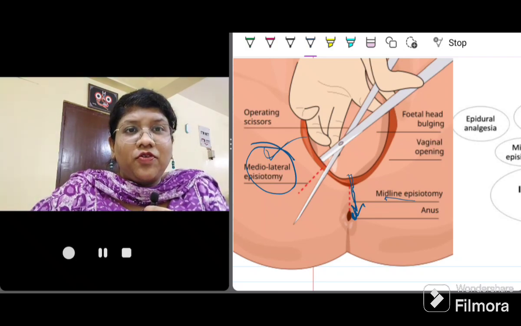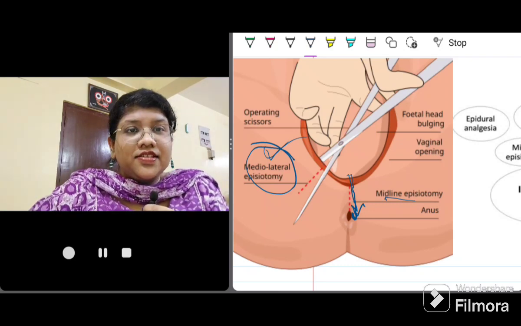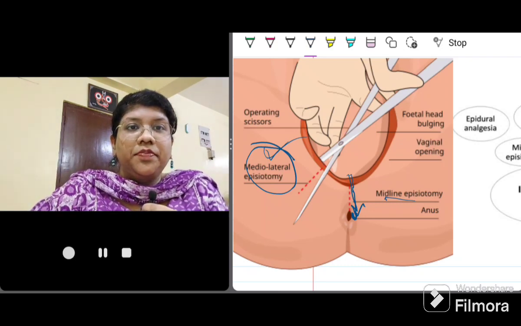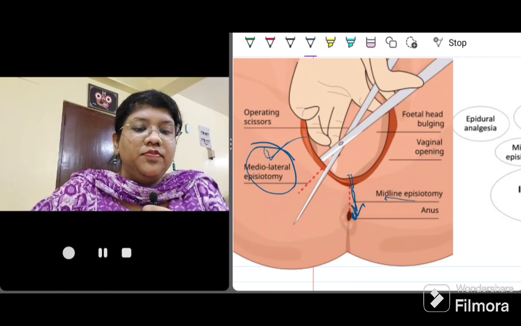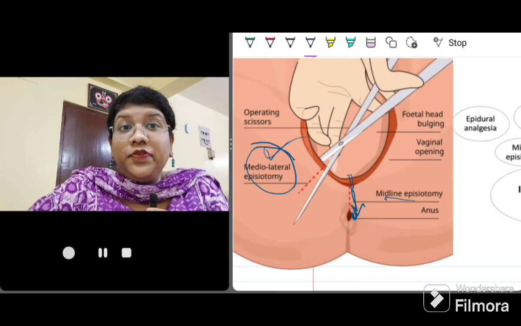So if after 24 hours she comes, you have to repair it at 3 months. After 6 months, it becomes very difficult to repair because all the scars have healed and they would have really become dense. So repairing becomes very difficult.